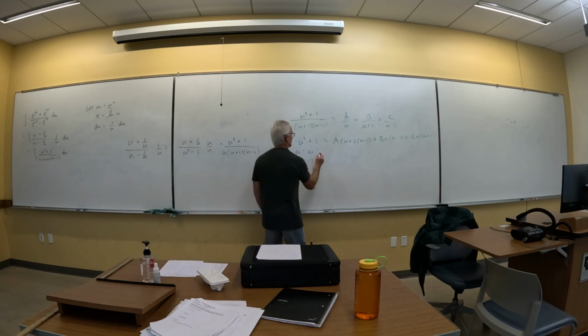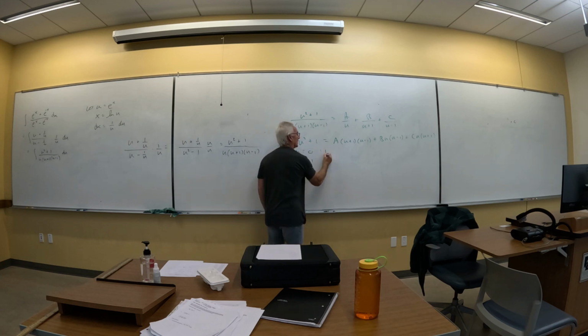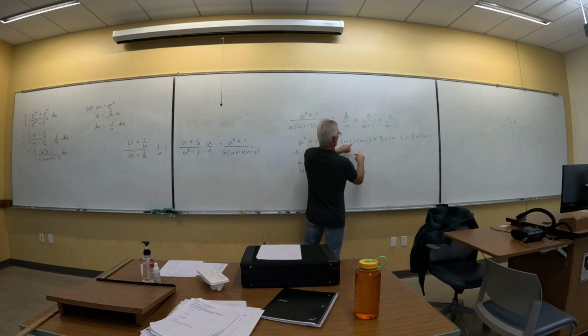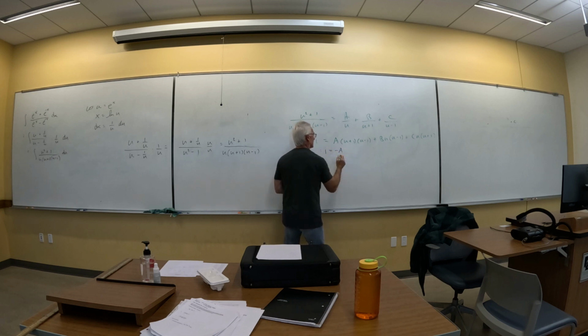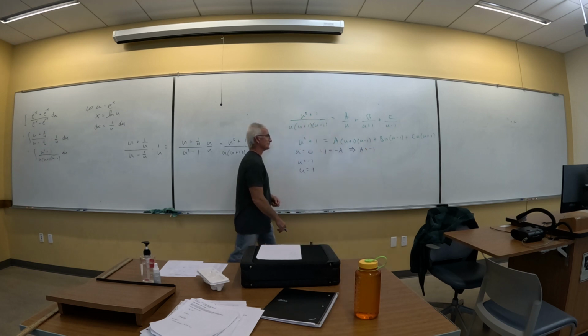If I choose u equals 0, then the left side will be 1, and the right side is 1 times -1, which is -1 times a. All right, this implies that a equals -1.